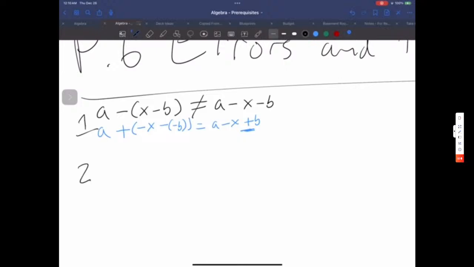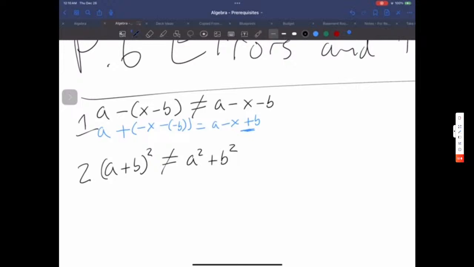Error number 2 is going to be that a plus b squared is not equal to a squared plus b squared. And this is particularly insidious because there's little tricks you can do with a difference of squares and nice things, but remember that you gotta remember your FOIL, right?